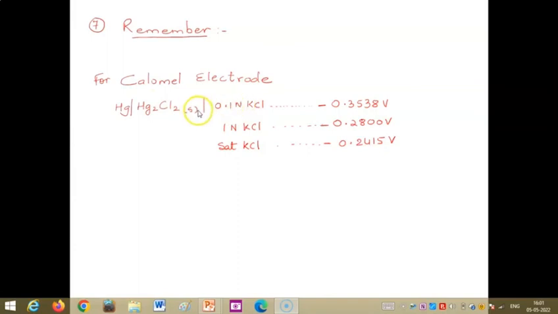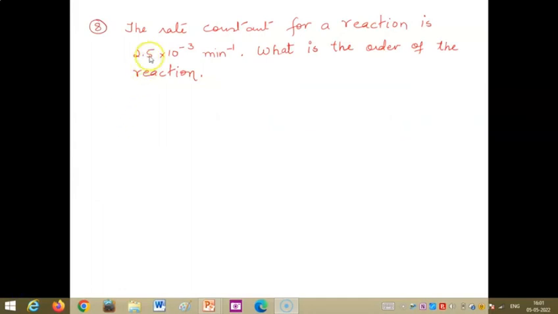So it is a common anion electrode. The next question for you is, the rate constant for a reaction is 2.5 into 10 raised to minus 3 minute inverse. What is the order of the reaction? Sufficient information is given, but we may be a little confused.